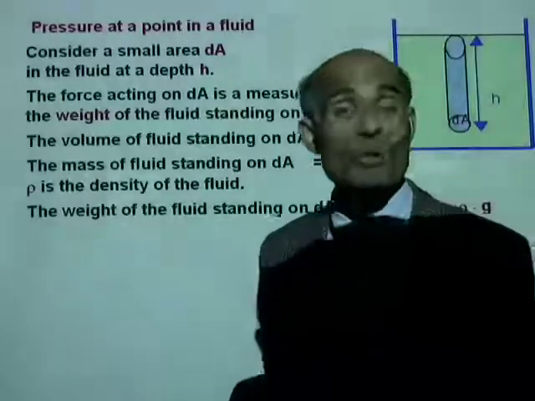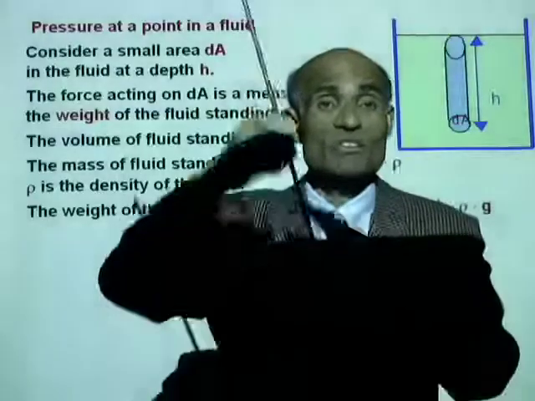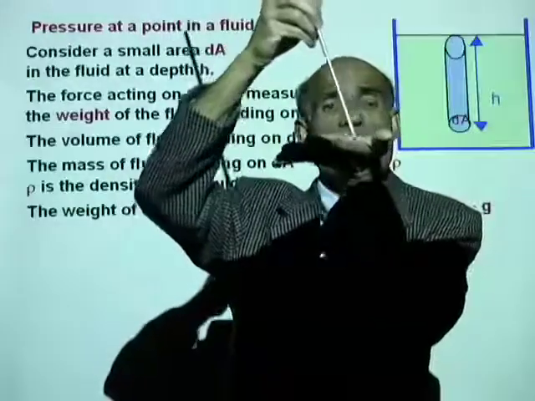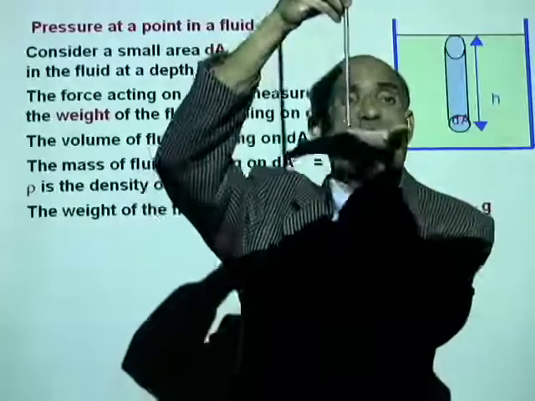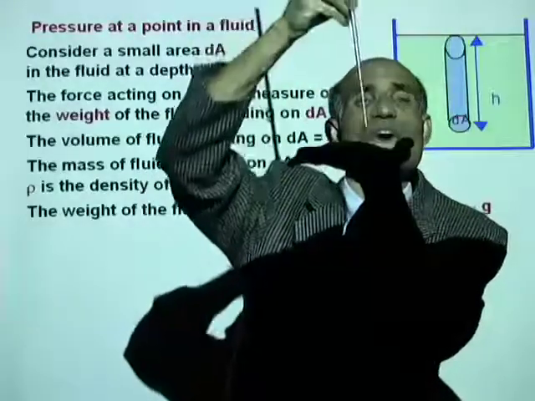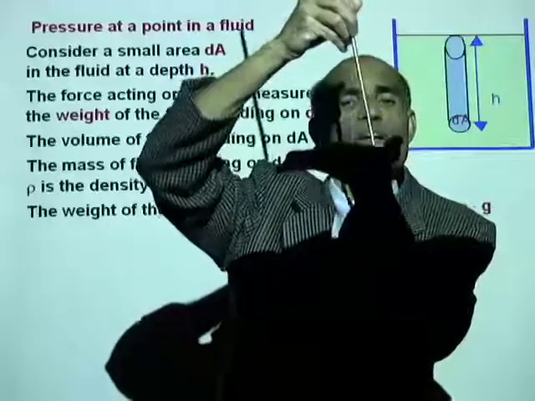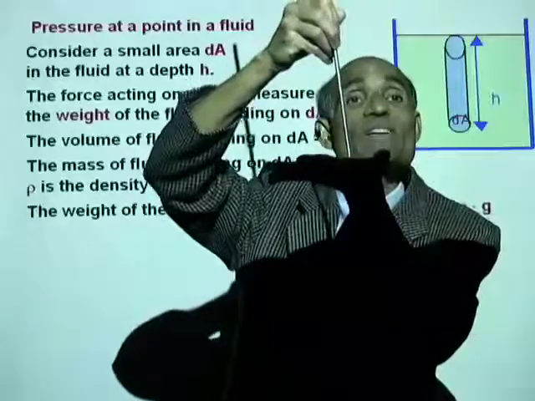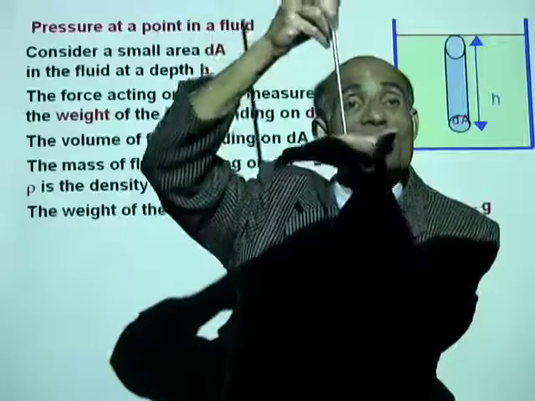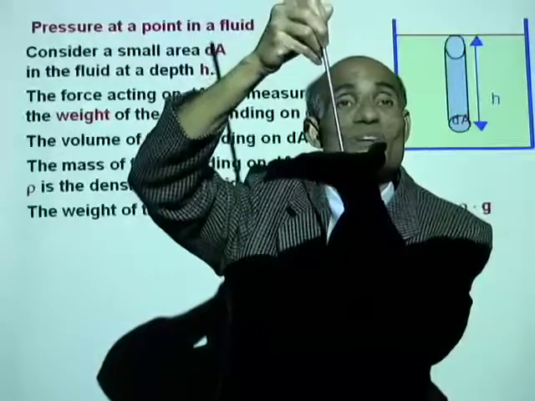Now this is a measure of the force acting on dA. Is that a normal force? Yes, it is. If my hand is that area dA, the column of fluid standing on that area exerts a force on the area, which is the weight of the fluid, and that is at right angles to that surface.